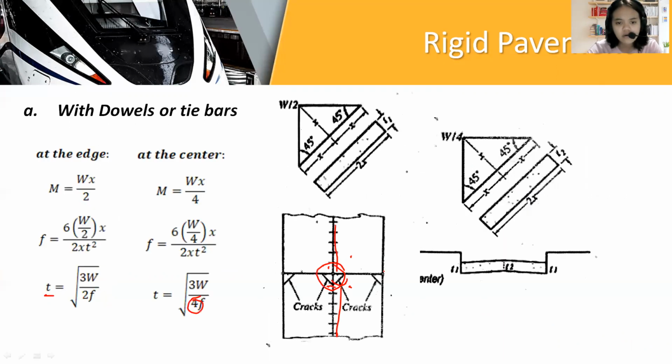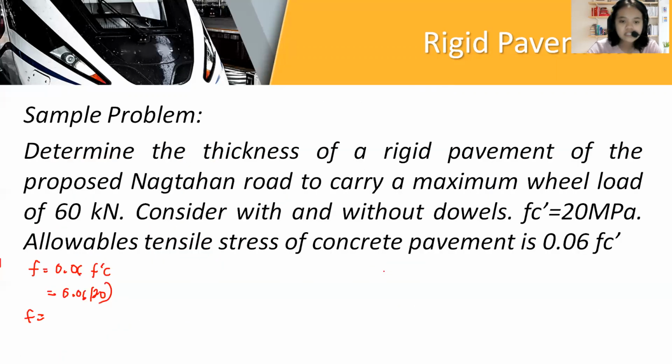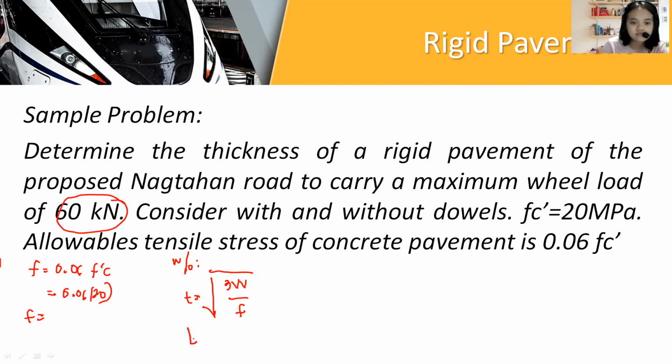Pag with dowels daw, formula natin is thickness. Without muna pala tayo. Without, thickness is equal to the square root of 3W over F. So what is our W? That is 60. Square root of 3 times 60 over, oh, sorry, this is 1.2 megapascals.